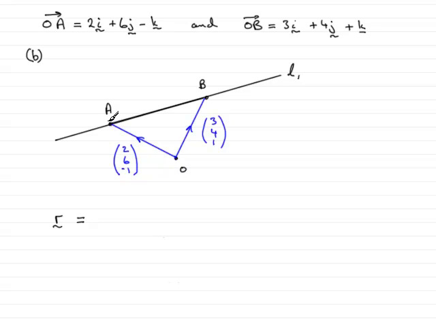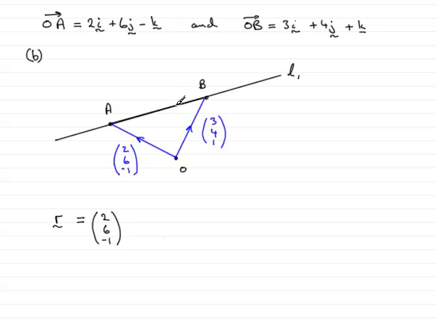Let's just suppose you take A, so you go from the origin up to the line. That will be the vector (2, 6, -1), and then you need to move along the line any amount of a vector in the direction of the line.